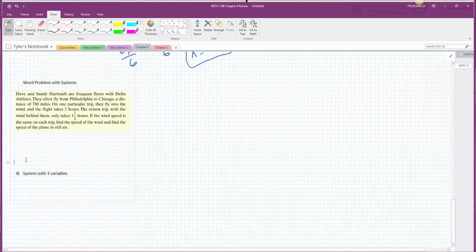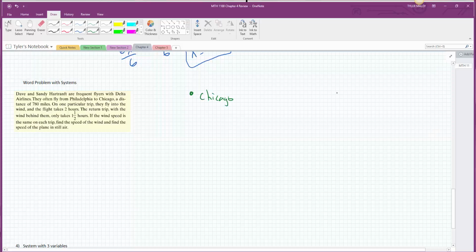All right, so then I have a word problem with systems of equations that I just grabbed out of the book. So it says Dave and Sandy are frequent flyers with Delta Airlines. They often fly from Philadelphia to Chicago, a distance of 780 miles. So as I'm reading this, I'm a very visual learner, so it might be helpful to just draw a picture.